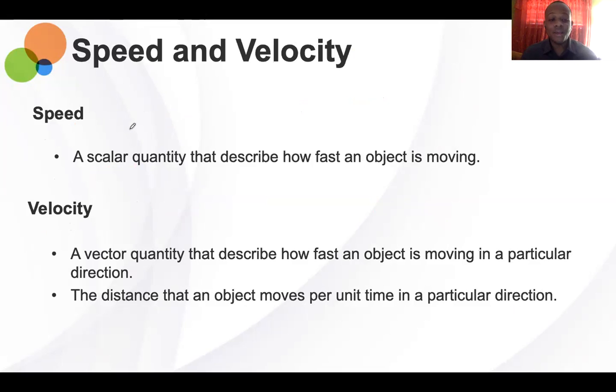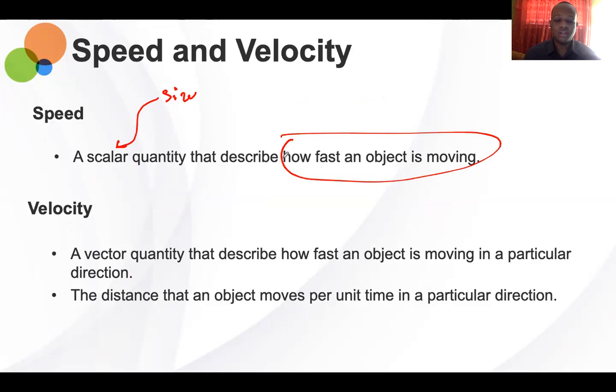The same drill. Speed is a scalar quantity, which means that it focuses only on size, and it describes how fast an object is moving. While velocity is a vector quantity, which describes how fast an object is moving in a particular direction. What do we mean by vector quantity again?